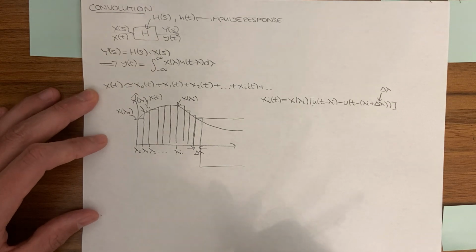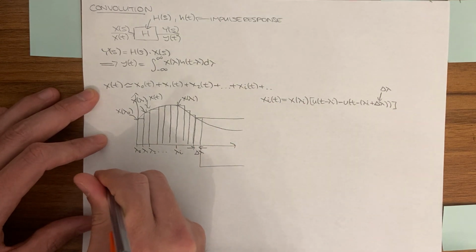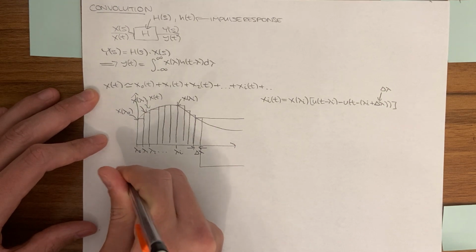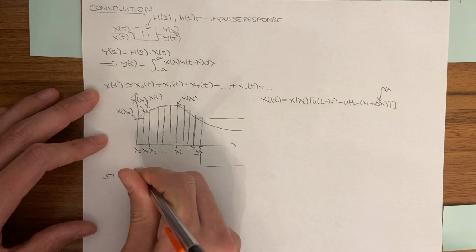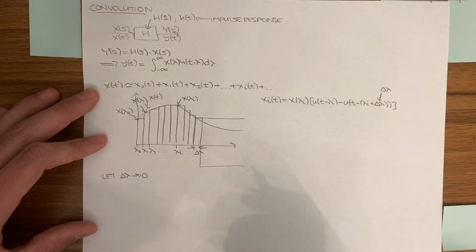Now suppose we let delta lambda go to 0, so it gets really, really small. The gap between each rectangle gets very, very small.